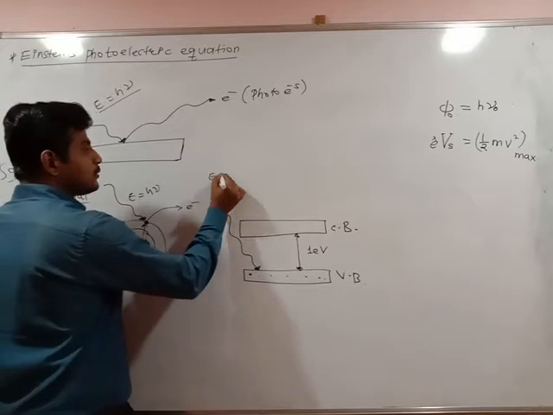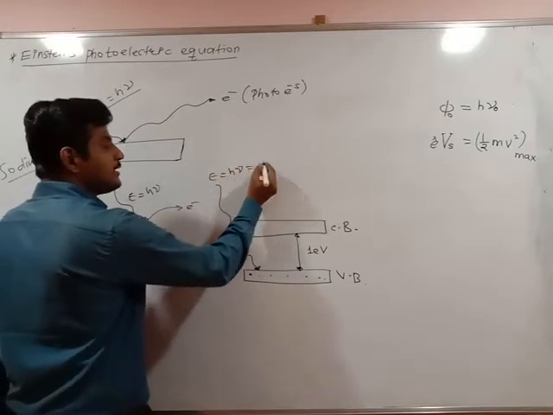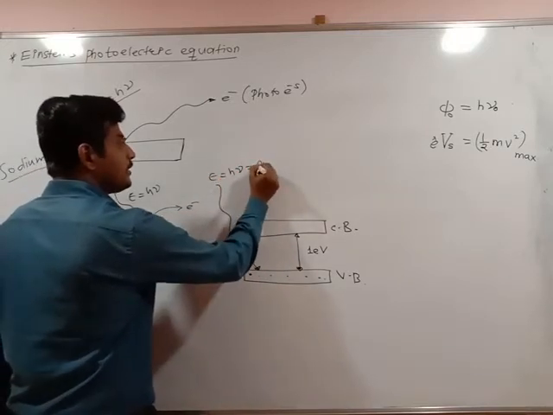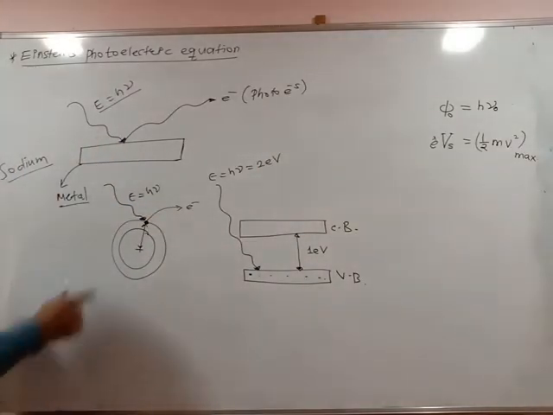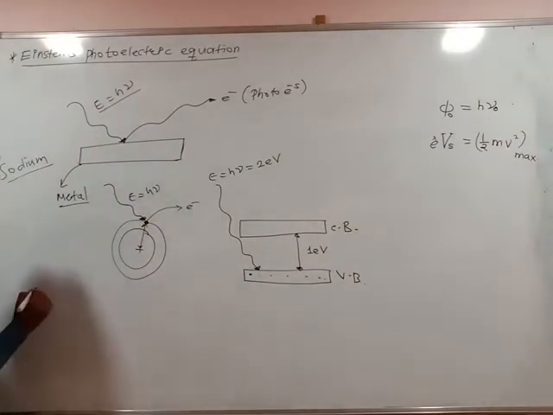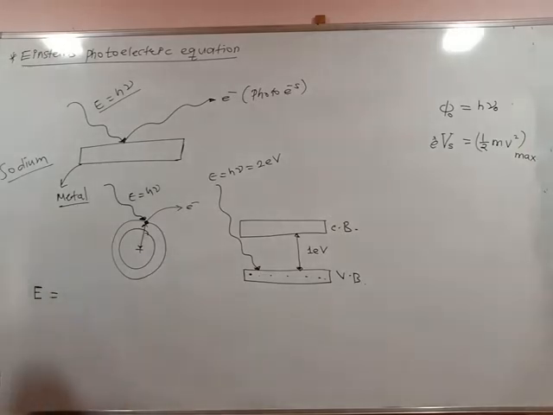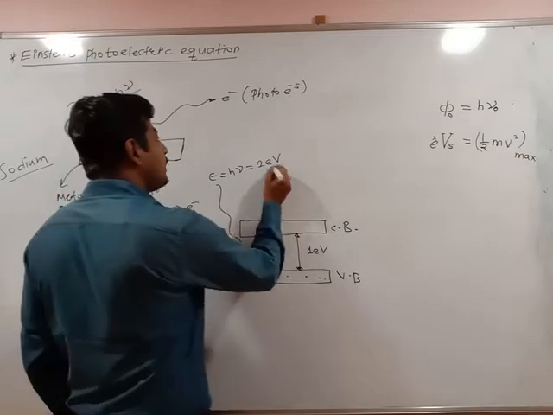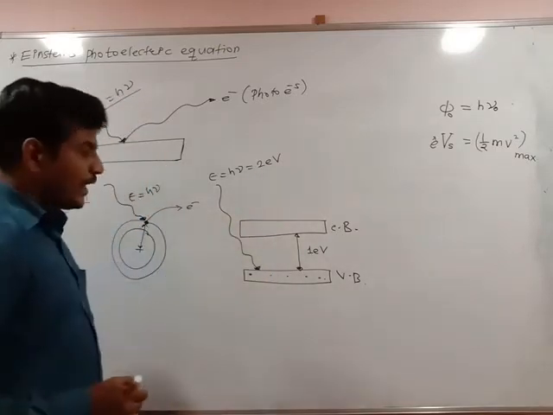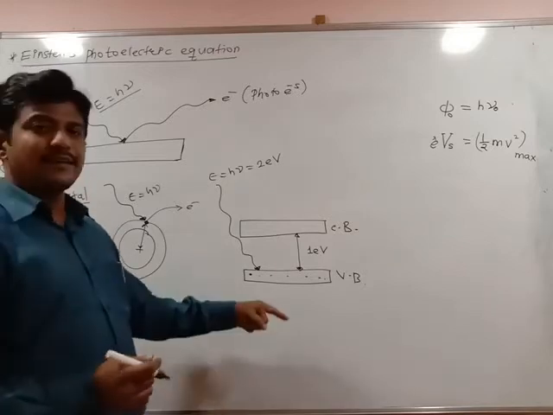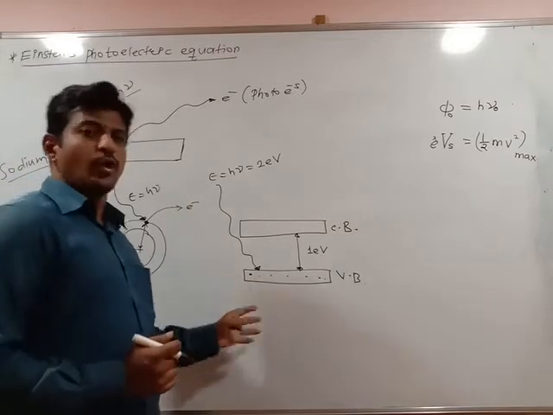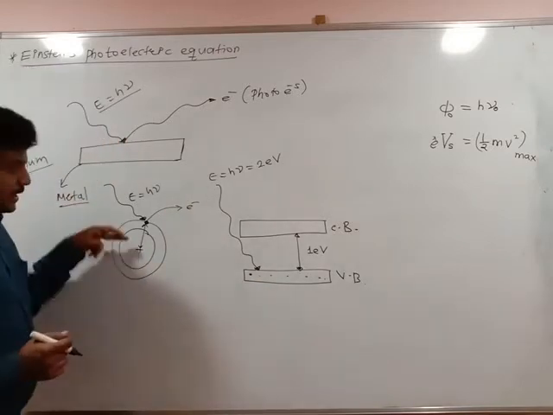Suppose the incident energy of the photon, hν, is 2 electron volt. I can write the incident energy here as E. Out of these 2 electron volt, 1 electron volt is supplied to the electron to break the bond from its own orbit to the nucleus.